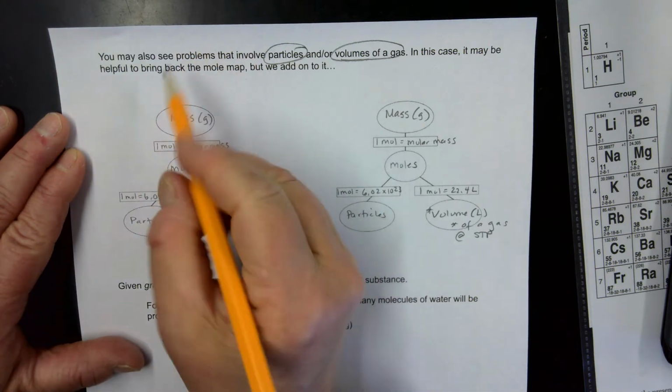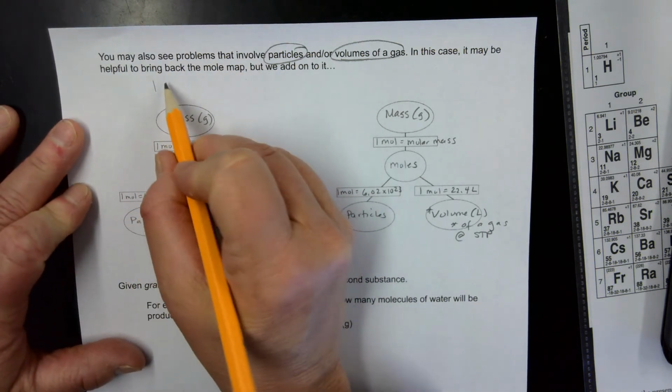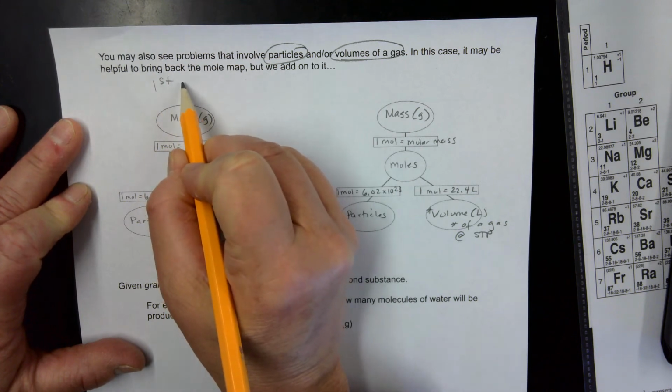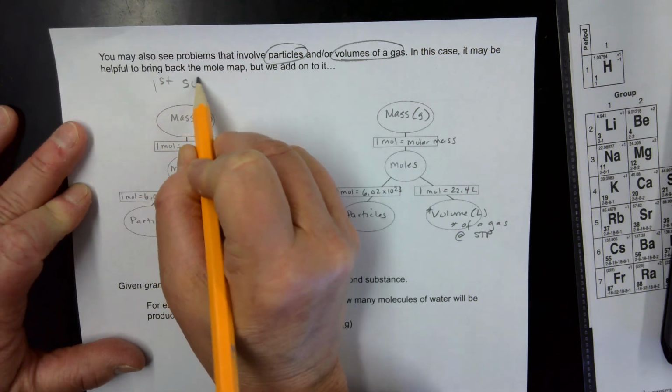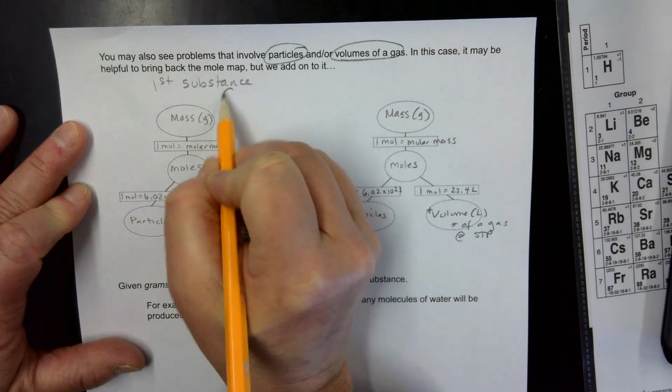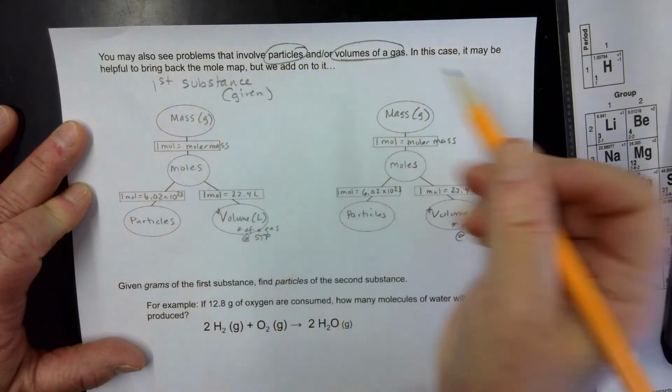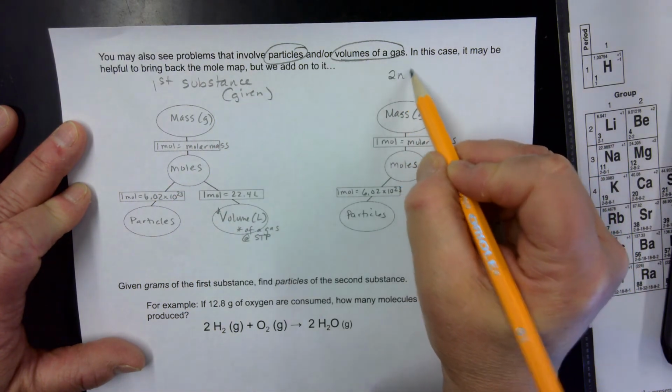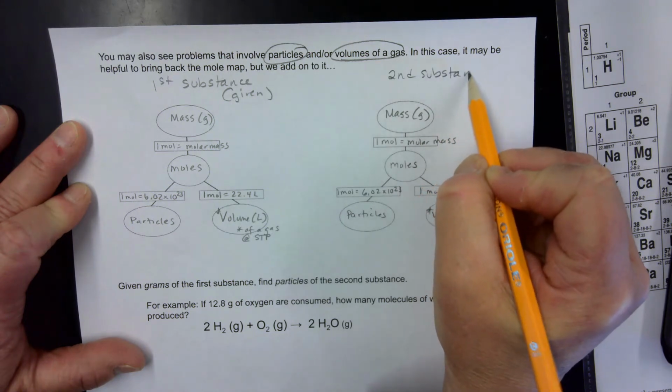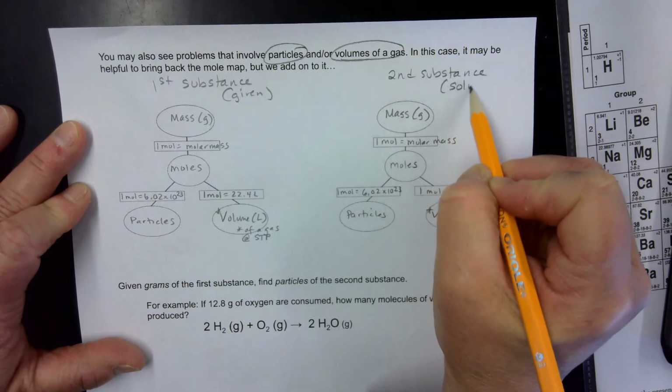So each mole map is for each substance. So let's say this mole map, we'll think about it for the first substance, meaning the given substance. And the other mole map is for the second substance, which is the thing you are trying to solve for.